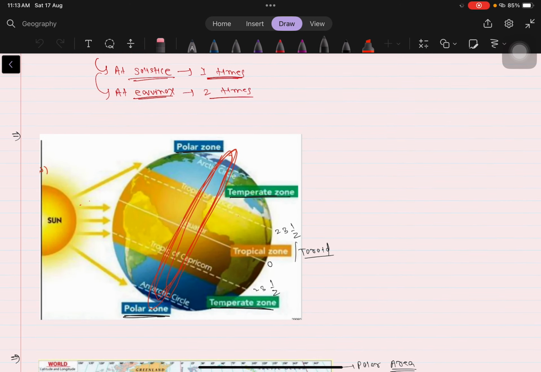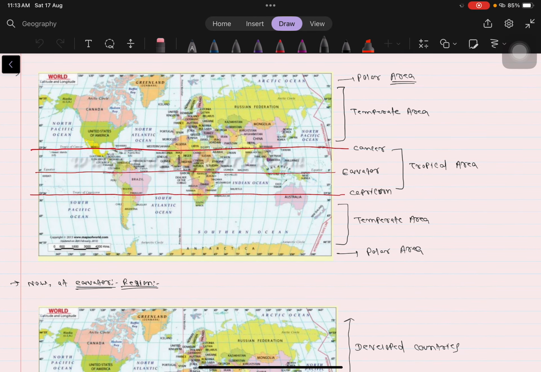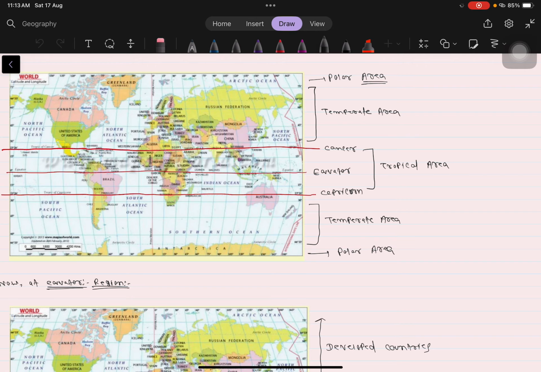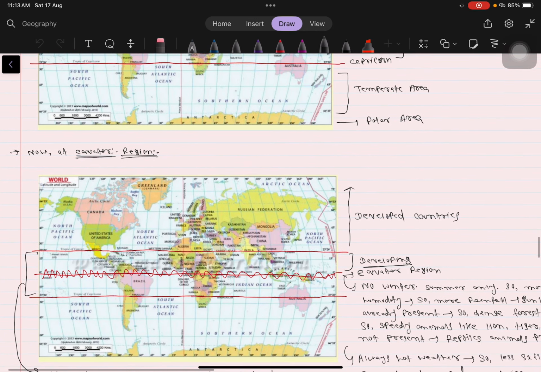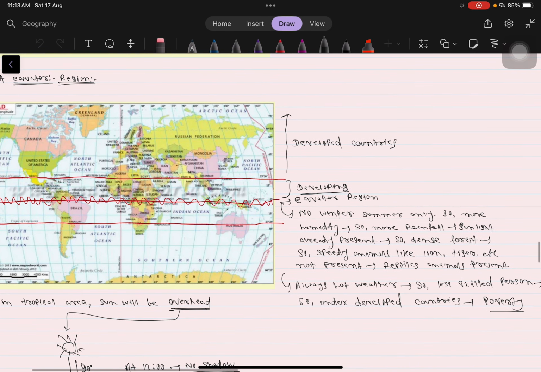So this is the tropical zone, temperate zone, and polar zone. This is the equator, Tropic of Cancer, Tropic of Capricorn. This is the tropical area, this is the temperate area, this is the polar area. At the equator region there is no winter, so there is summer only.